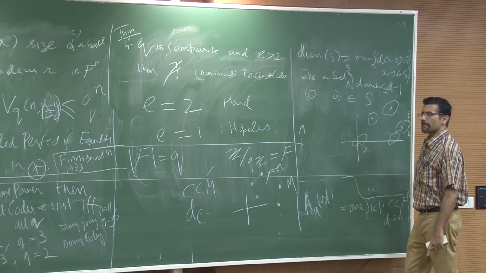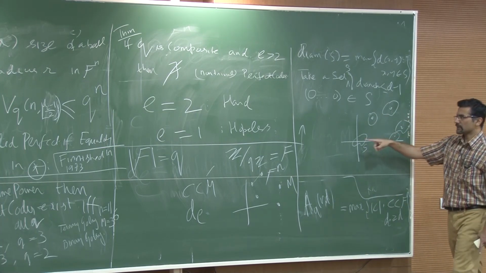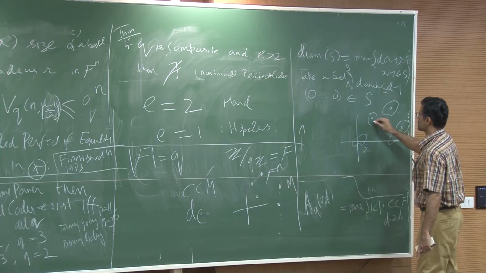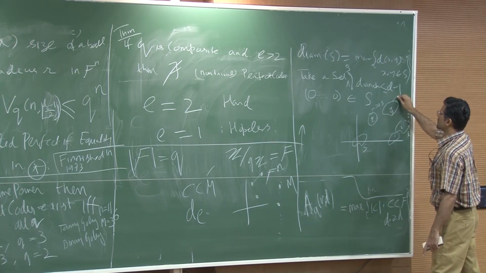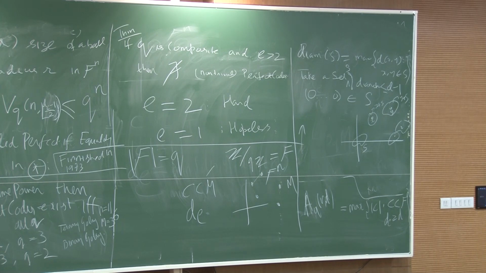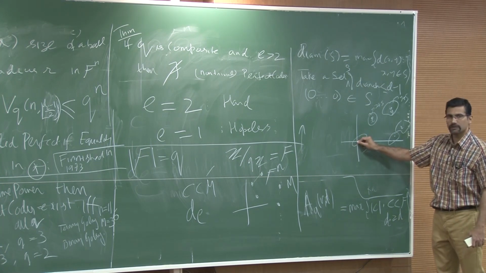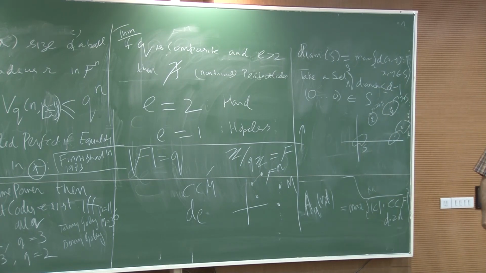Translate it to each of these. You had a subset C, right? So if this was X, then this thing is X plus S. If this is Y, this thing is Y plus S. I again claim there is no intersection between these two, because this set had the all 0 word, and its diameter is at most d minus 1.